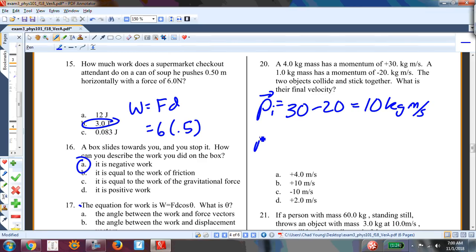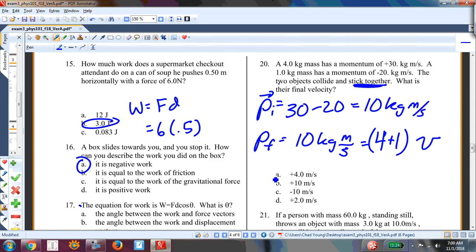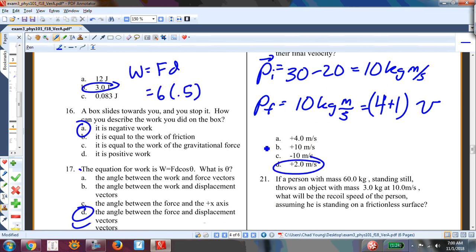And so their final momentum is also going to be 10 kilogram meters per second. And that's going to equal the mass. The combined mass is going to be 4 plus 1, because they stick together. And then their final velocity is going to be 10 divided by 5, or plus 2 meters per second. So 20 is D.